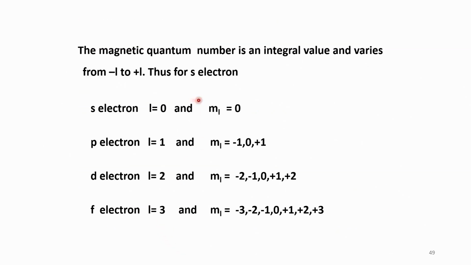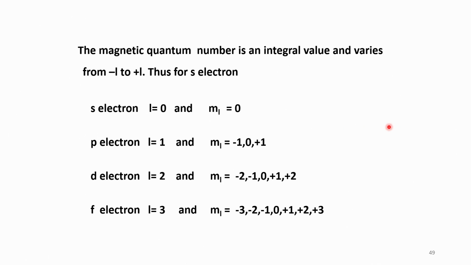So, the magnetic quantum number can be from minus L to plus L. For an S electron, L is 0 and m is 0.